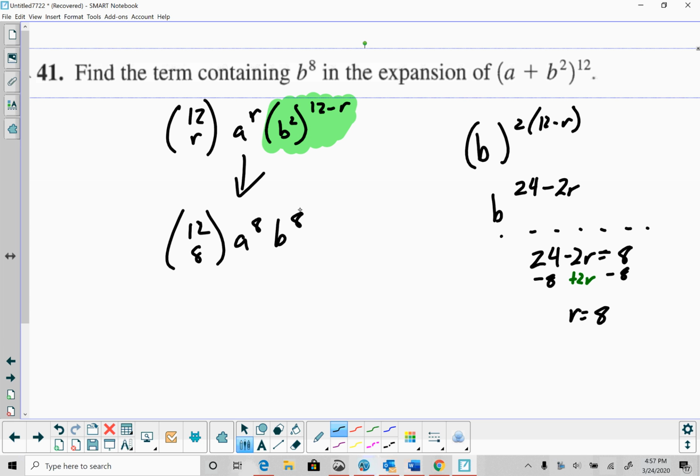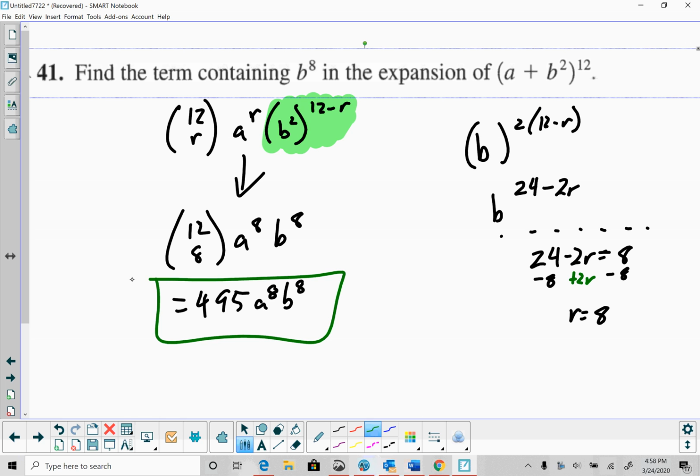So now it's just a matter of, yay, calculators. Combination there of 12 choose 8 is 495. A to the 8th, b to the 8th. Hey, what do you know? Those exponents are equal. Well, they're equal to one another. That's an interesting coincidence.